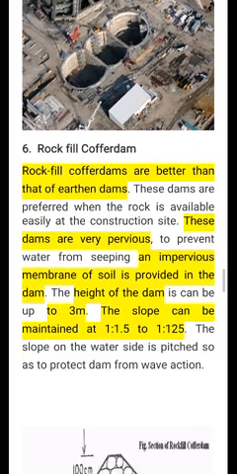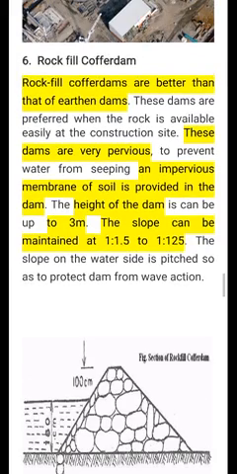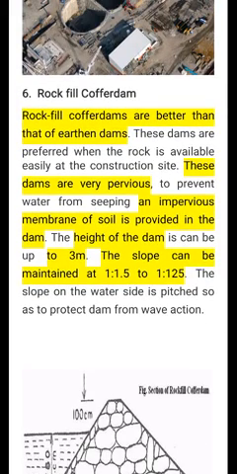Now the sixth type, rockfill cofferdam. Rockfill cofferdams are better than the earthen embankment. These are like an earthen embankment, but fully filled with rock, and that's why it is pervious. To make it impervious, a membrane of soil is provided in the dam.